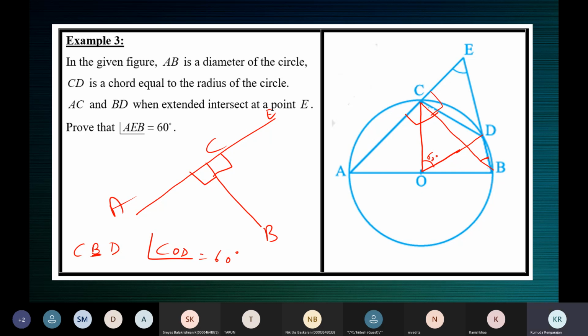If COD is 60 degrees, how much is CBD? 60 degrees, ma'am. Kanishka, is it? Yes, ma'am. Actually, I went out. Oh, sorry, ma'am. Okay.